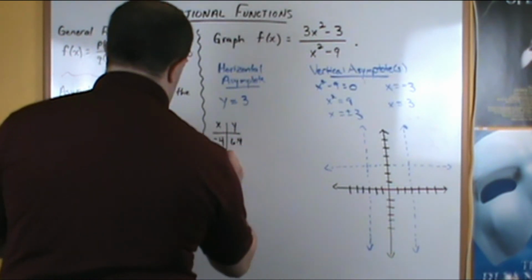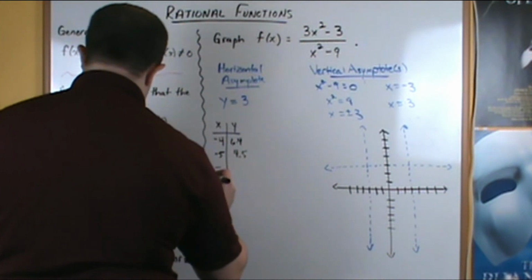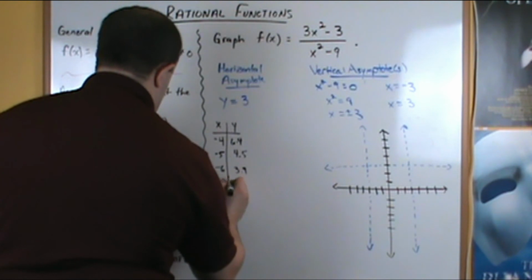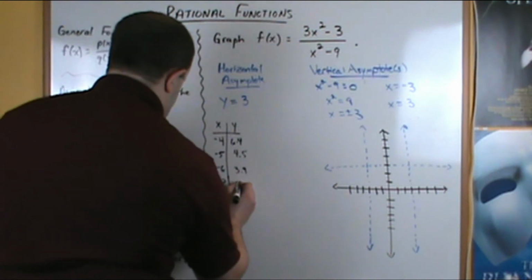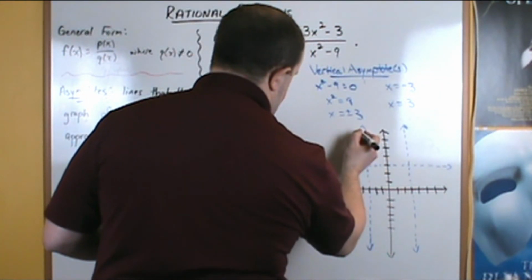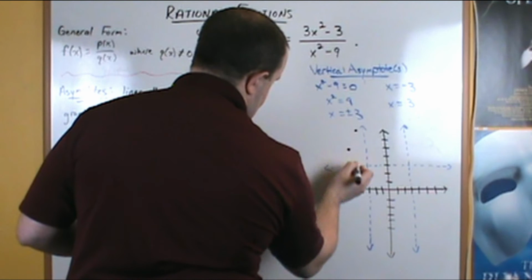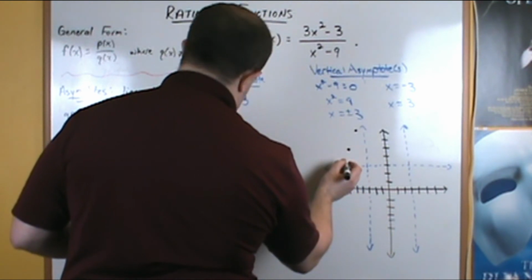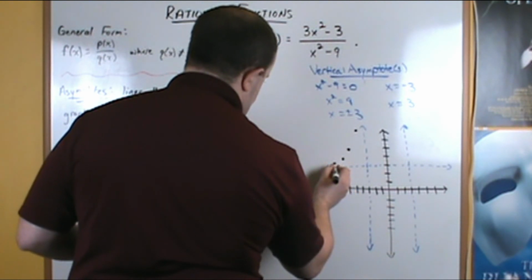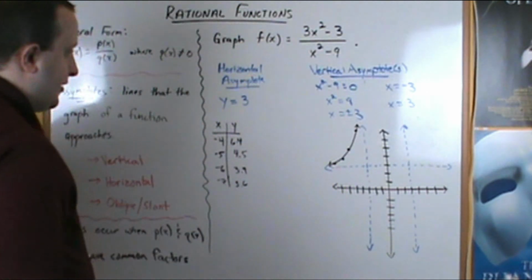When x is -5, we'll get about 4.5. When x is negative 6, we'll get about 3.9. And when x is negative 7, we'll get about 3.6. And if we graph them, negative 4, 6.4, that's about right here. Negative 5, 4.5, that's about right here. Negative 6, 3.9 is about right here. And negative 7, 3.6 is about right here per se. And there's that part of the graph.